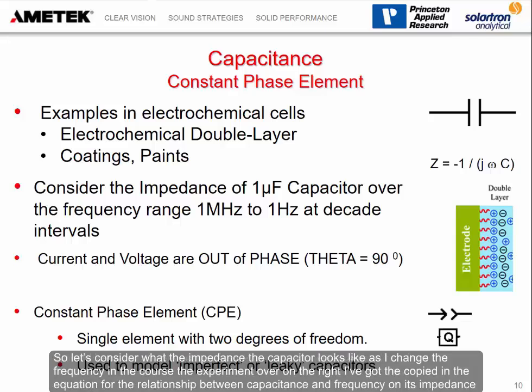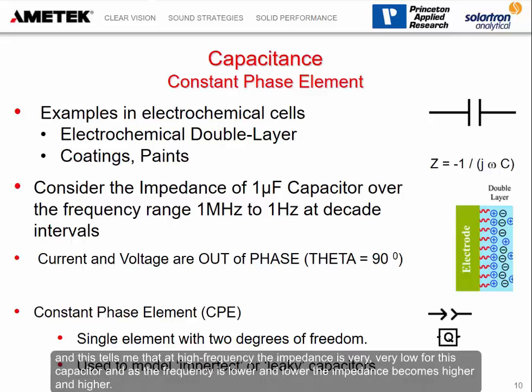So let's consider what the impedance of the capacitor looks like as I change the frequency in the course of the experiment. Over here on the right, I've copied in the equation for the relationship between capacitance and frequency on its impedance. And this tells me that at high frequency, the impedance is very, very low for this capacitor.